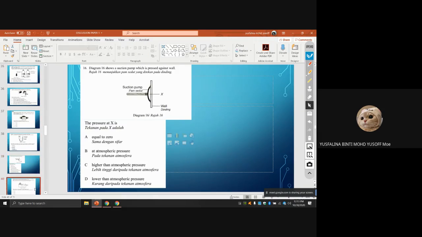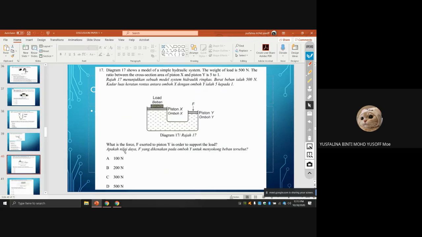Okay, number 17. Diagram 17 shows a model of a simple hydraulic system. The weight of the load is 500 Newton. The ratio between the cross-section area of piston X and Y is 5 to 1. The question asks, what is the force F exerted on piston Y in order to support the load?